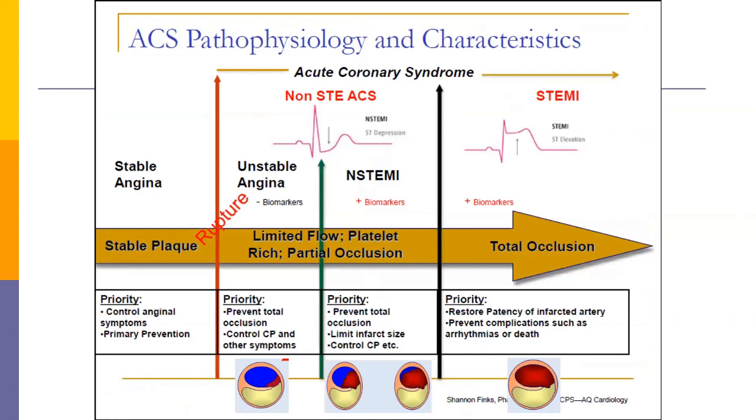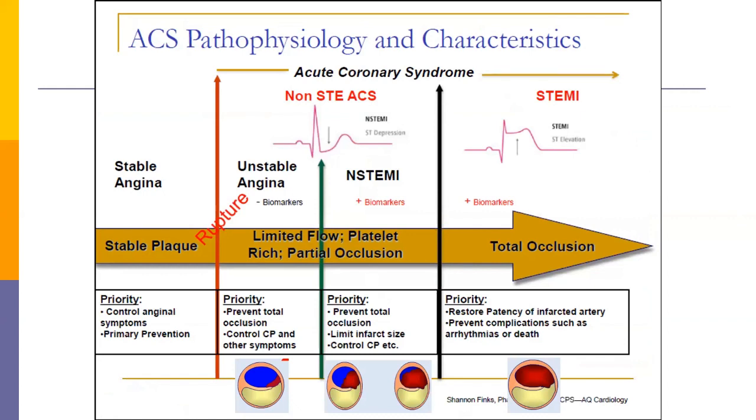So the next slide shows us the acute coronary syndrome pathophysiology and characteristics. You see, from the left, a stable plaque.